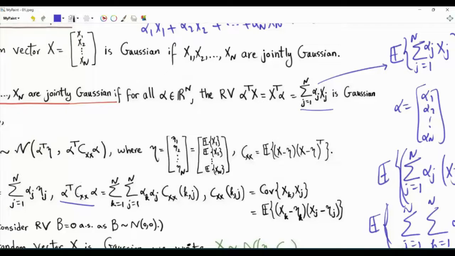Cxx is the covariance matrix of random vector x. So it is the expectation of the outer product of x minus its mean vector with itself, so it is the expectation of x minus eta times x minus eta transpose. Element kj in this matrix is the covariance between xk and xj, which is defined with this expectation.